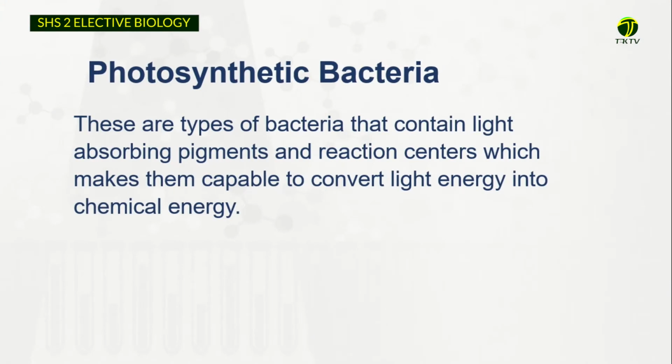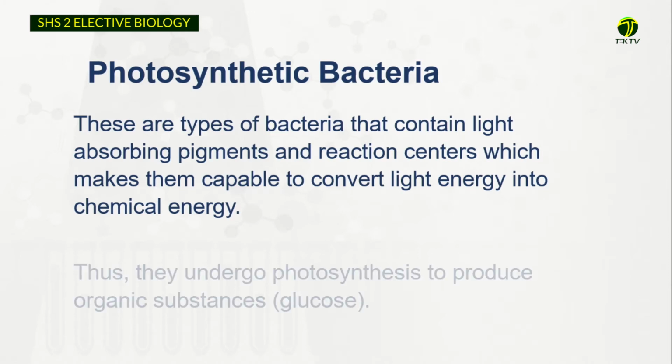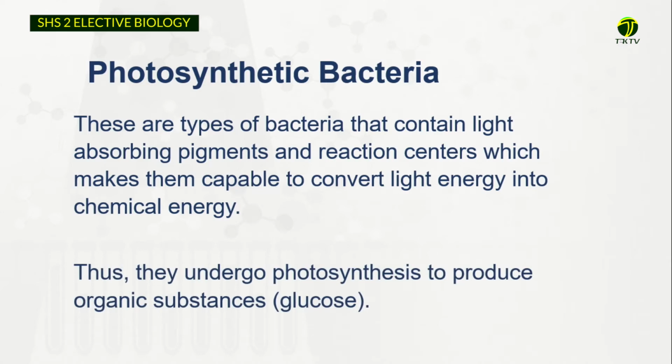These are types of bacteria that contain light-absorbing pigments and reaction centers, which makes them capable of converting light energy into chemical energy. Thus, they undergo photosynthesis to produce organic substances, which is the food, basically glucose.